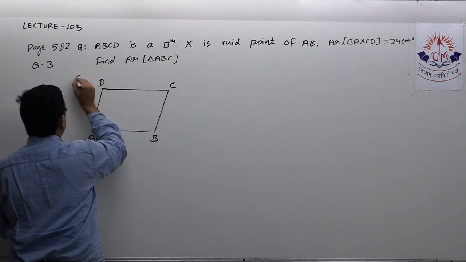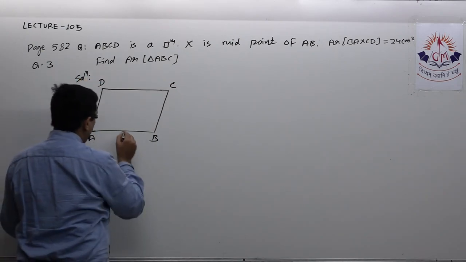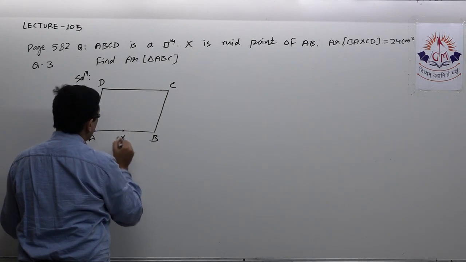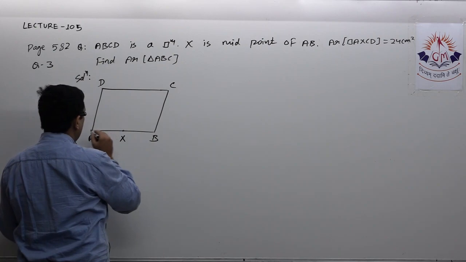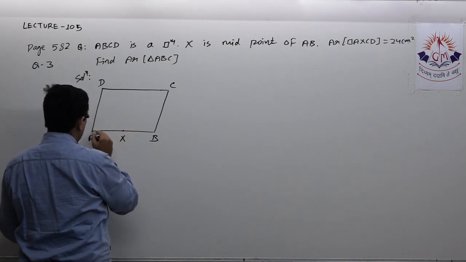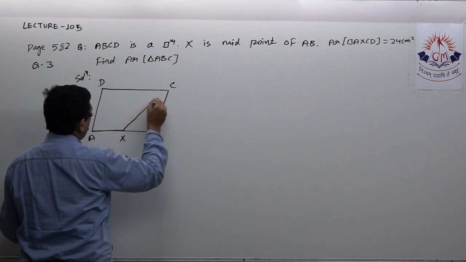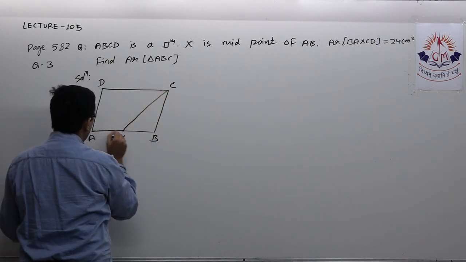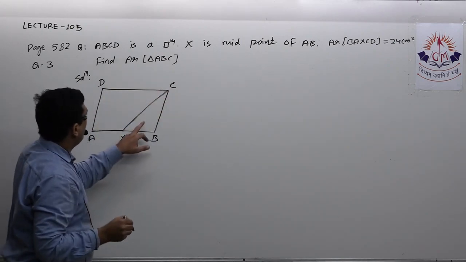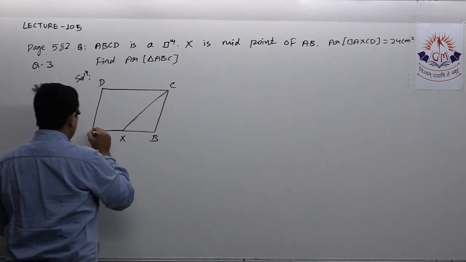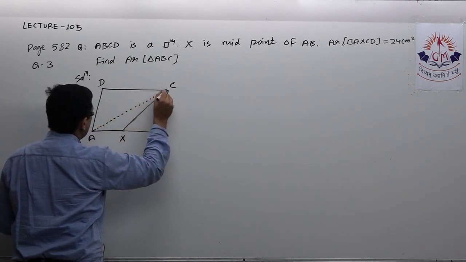X is midpoint of AB and area AXCD, this quadrilateral actually. Area of AXCD is given and you have to find the area of triangle ABC. So obviously you have to join this.